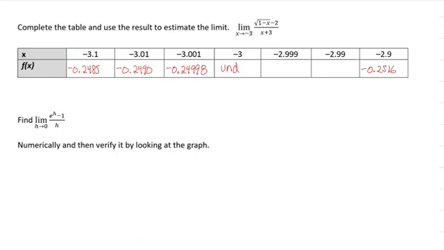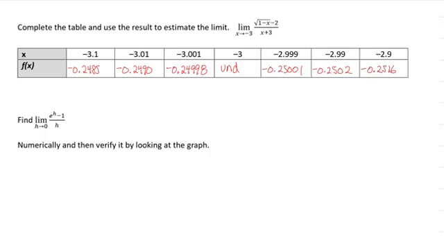If I go to the other side of the table and start at -2.9, we get -0.2516. Then we get -0.2502. Then we get -0.2501. So you can see that we're not moving a whole lot here, but we are getting closer and closer to what appears to be the value of negative 0.25.